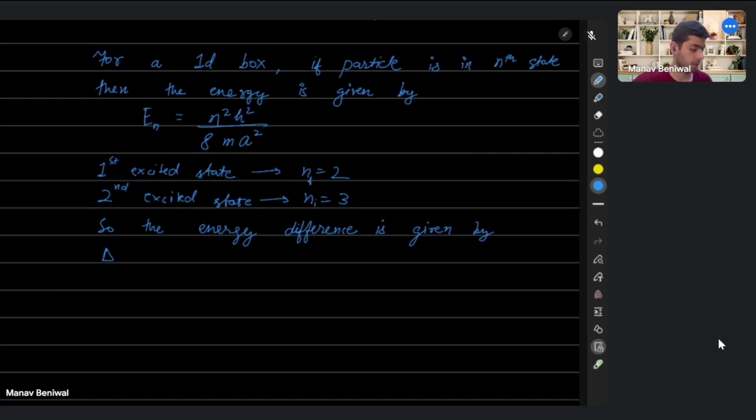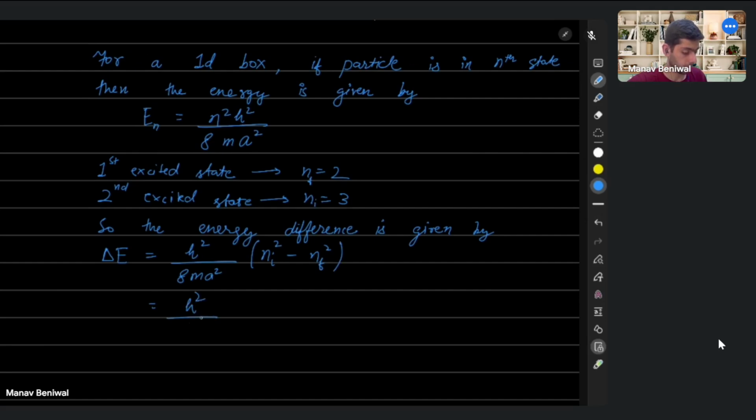Okay, so our delta E will then become h squared over 8ma squared times ni squared minus nf squared.